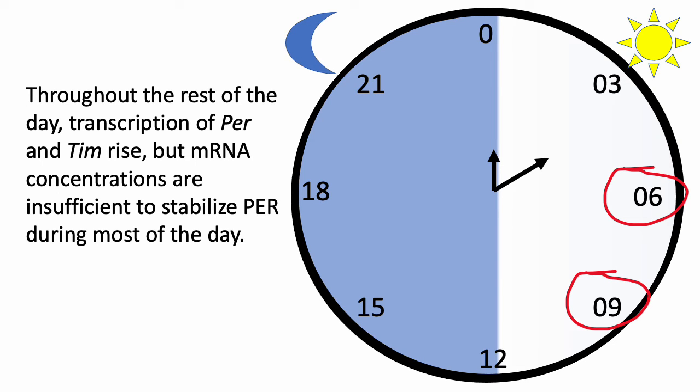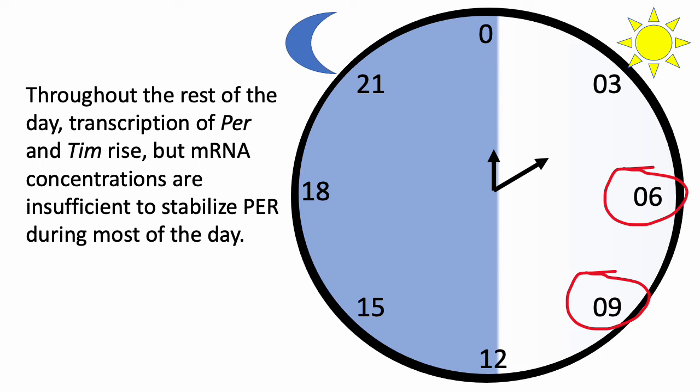So throughout the rest of our subjective circadian day, the transcription of per and timeless rise, but the concentrations of the mRNA are not sufficient yet to stabilize period through the period-timeless heterodimer during most of the day. So the concentrations just aren't high enough.